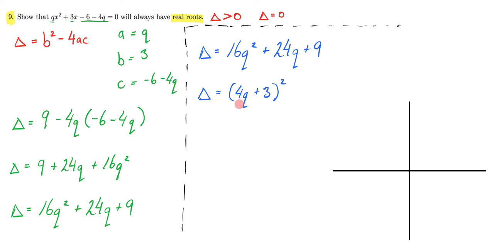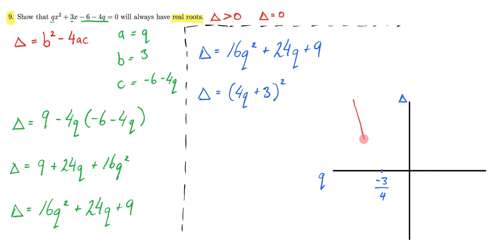So now, if you needed further proof that I'm always going to get a positive or 0 number out of this, I could graph it. My vertical axis would be my delta, and my horizontal axis would be my q, and my q-intercept would be negative 3 over 4, and I could give this a quick graph. Let me do it in red. That's horrible.